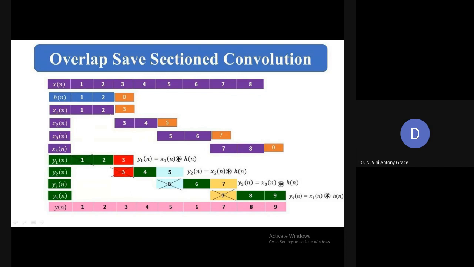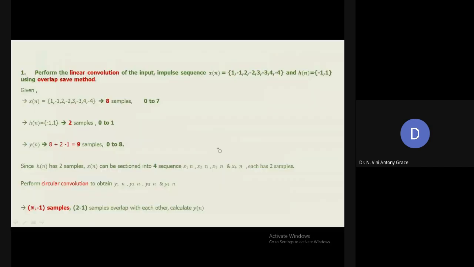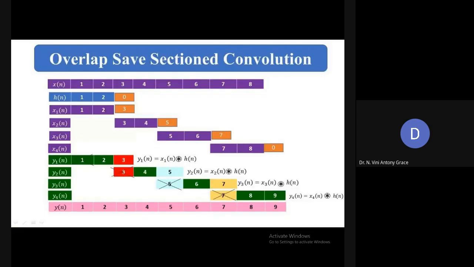We form our section x1 in such a way that one sample overlaps. This 3 I am writing here. Likewise, this 5 should come to x2 of n also. 7, you write for x3 of n. Finally, I can add 0.